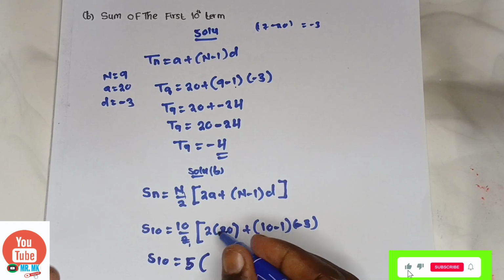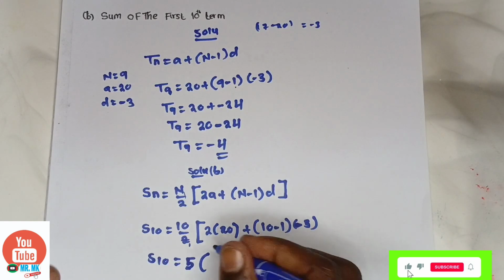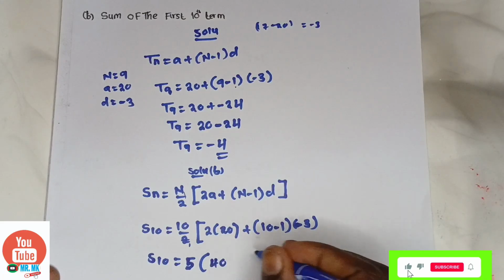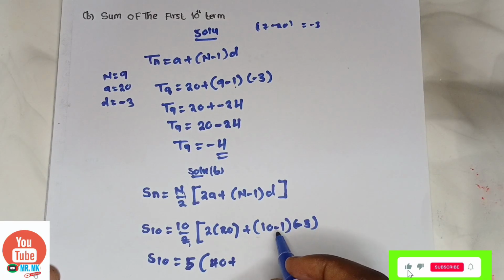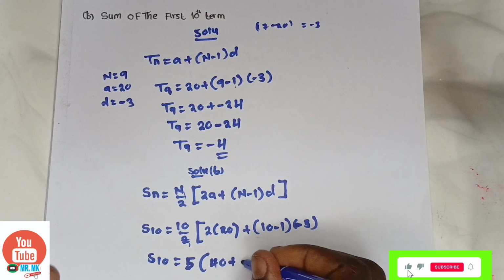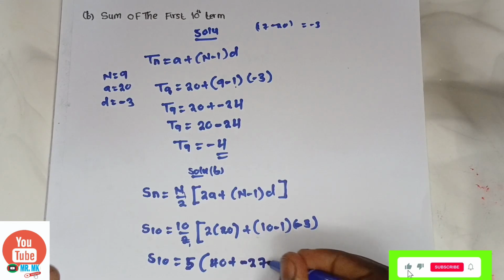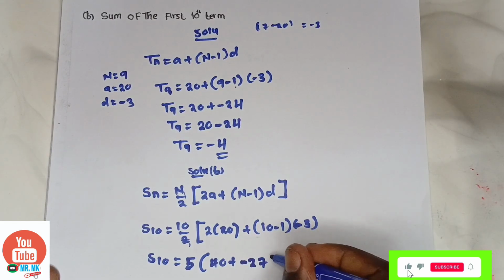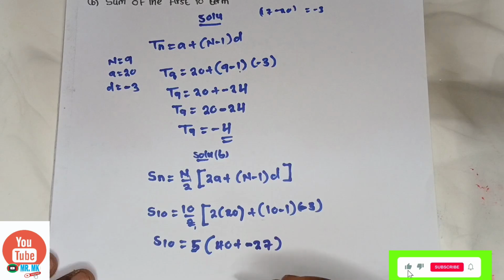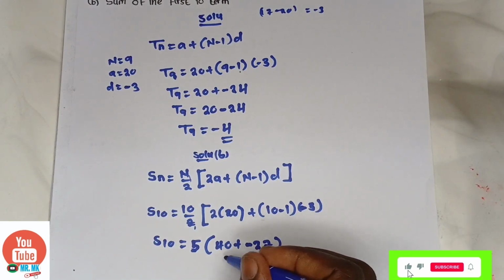Close the bracket. 2 times 20 is 40, plus 10 minus 1, which is 9. 9 times negative 3 will be negative 27. Here, positive times negative will be a negative.